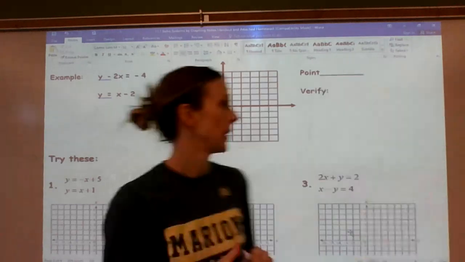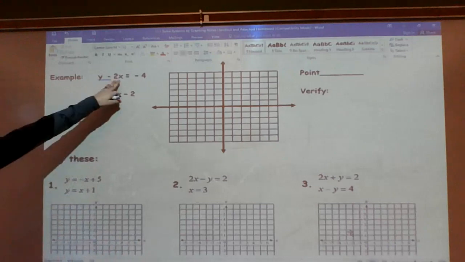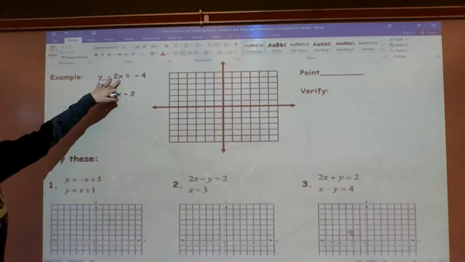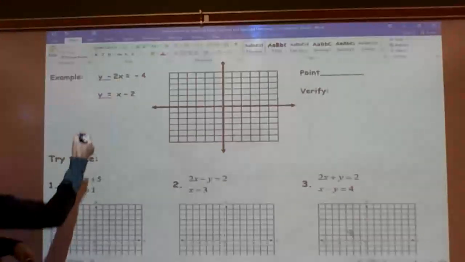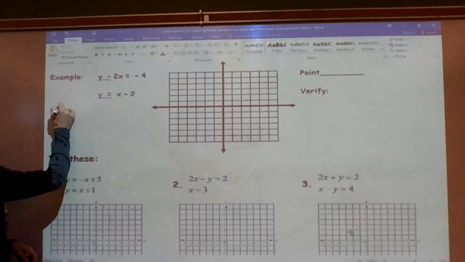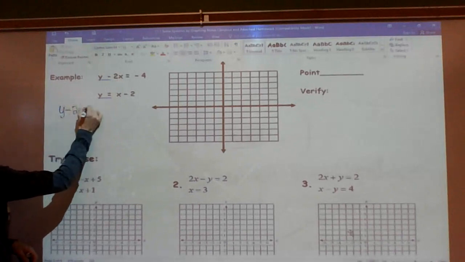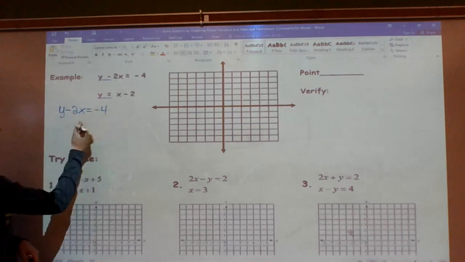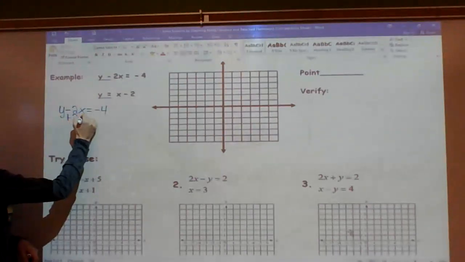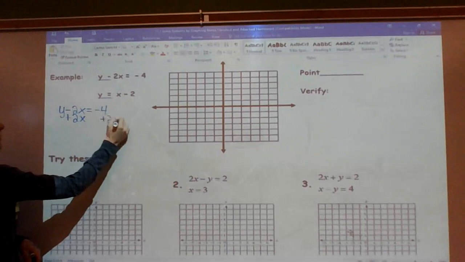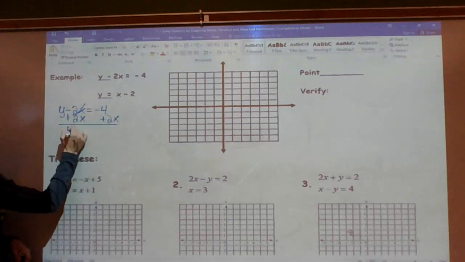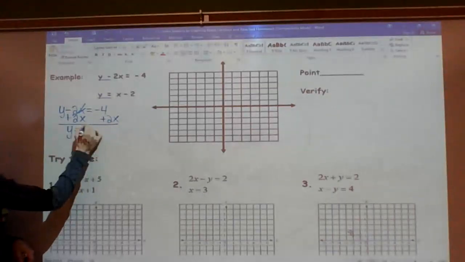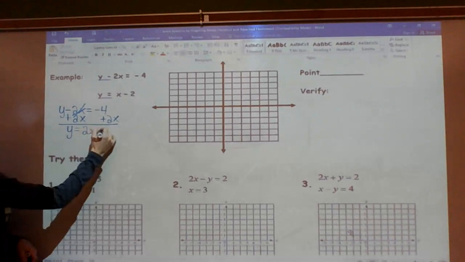All right, so looking at this one, it is not in slope-intercept form, so I'm going to rewrite it. So I'm going to say y minus 2x equals -4. I want the x term on the other side, so I'm going to add the 2x over. And I get y equals, the x term comes first, then the constant.